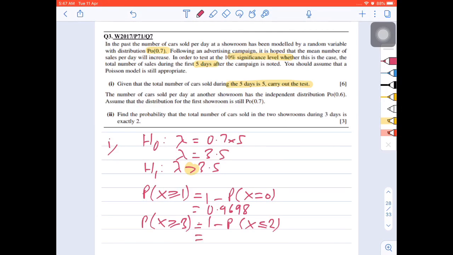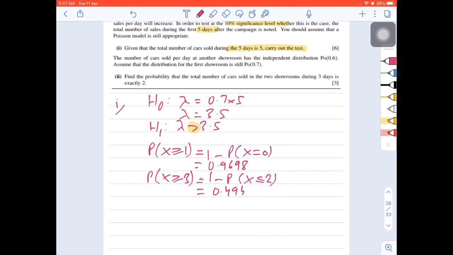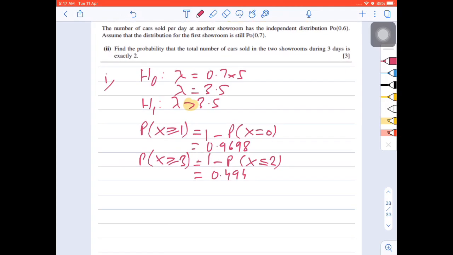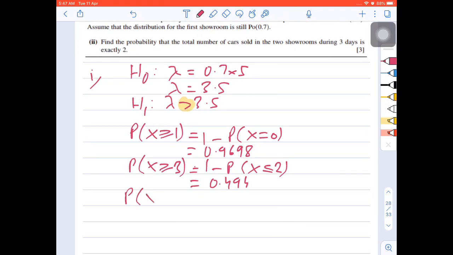So 1 minus, that gives 0.494. This is again wrong because it's more than 0.1. So let's try X greater than or equal to 5. It will be 1 minus the probability of X less than or equal to 4.